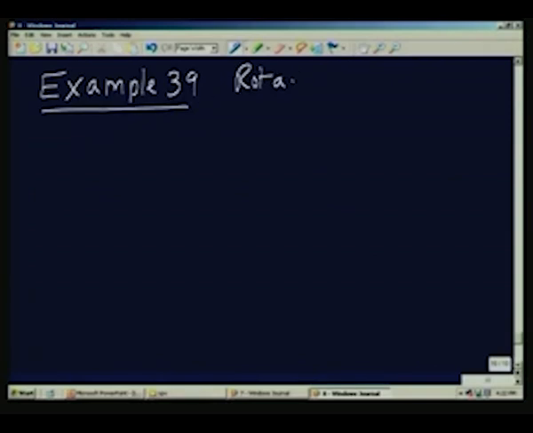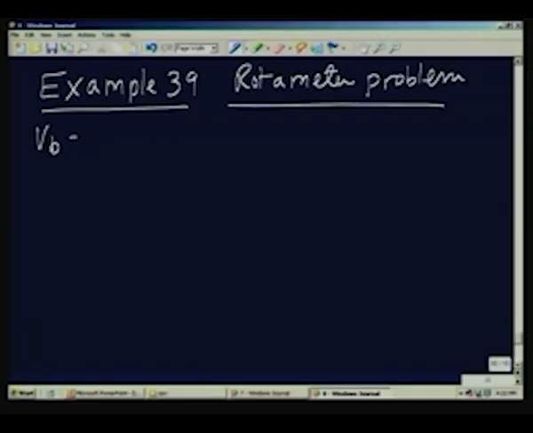So this is example 39, the rotameter problem. The volume of the bob is given as 3 milliliters. A milliliter is 10 to the power of minus 6 cubic meter. I will convert everything to SI units so that there is no confusion in the numbers.